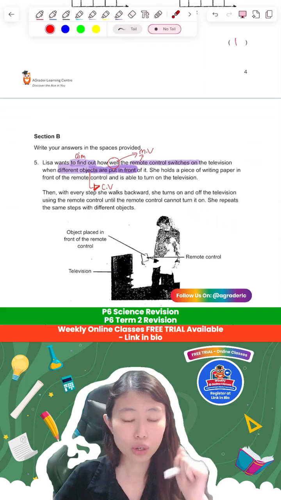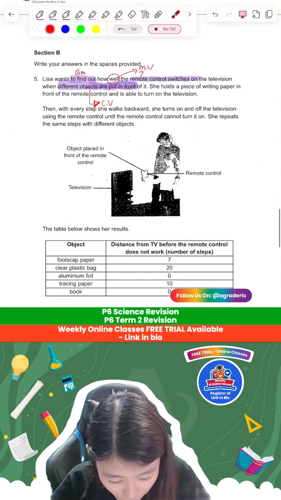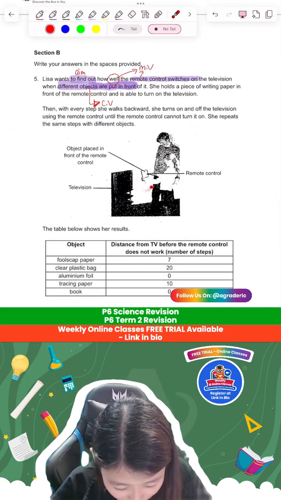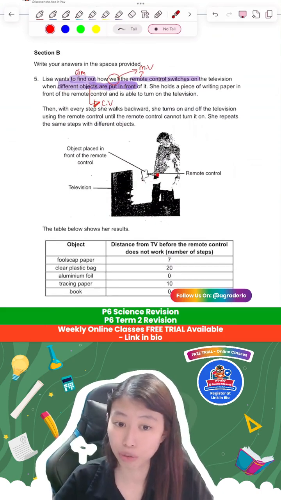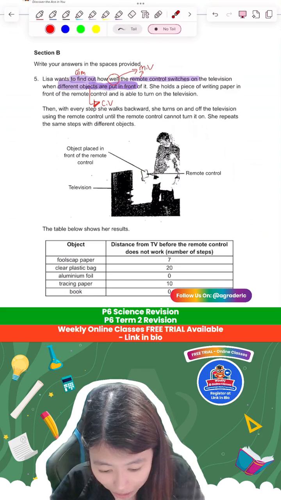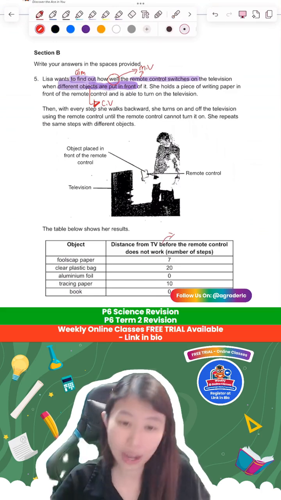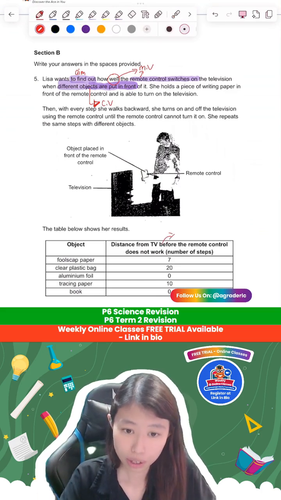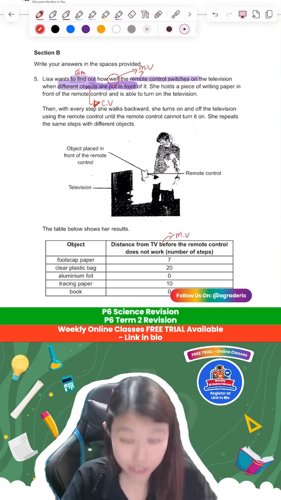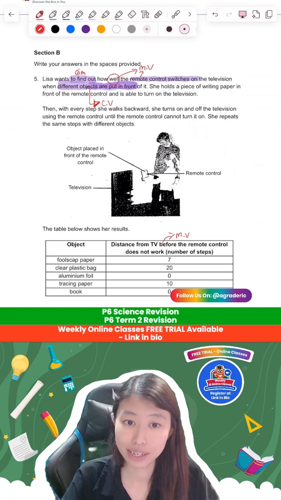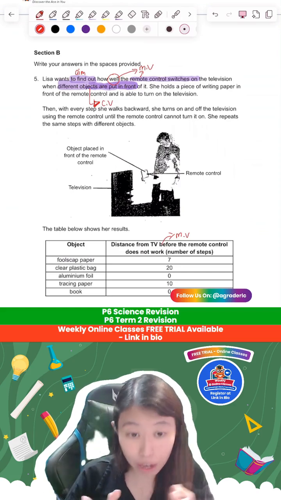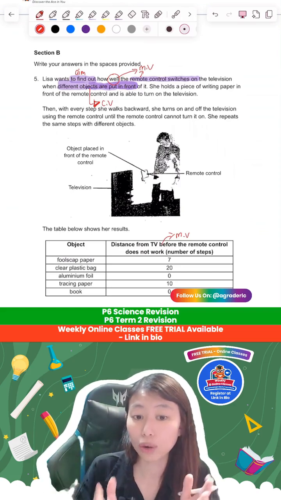She puts the object here and presses the remote right in front of the remote. So how do I know how well the remote switches the TV on? By recording the distance from which the remote does not work any longer.